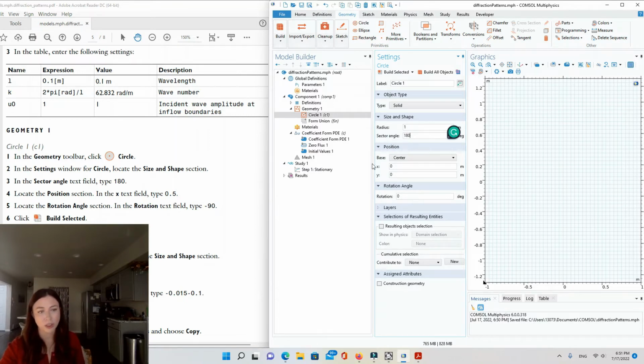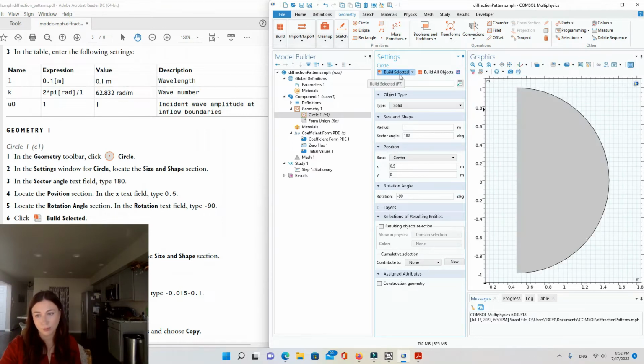In the position, X is going to have a coordinate of 0.5, and then locate the rotation angle section and put -90. Build selected. Alright, there you go. So we have a 180 sector angle, a semicircle of radius 1.